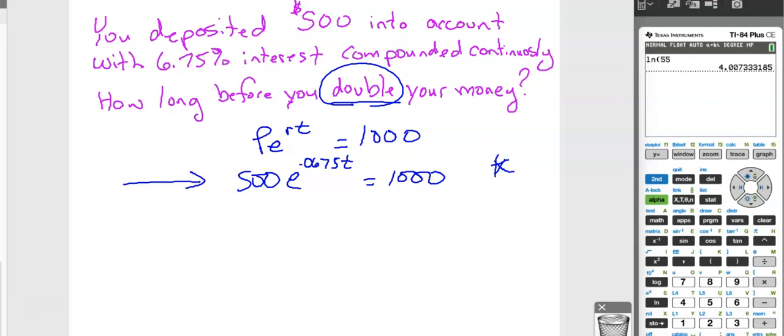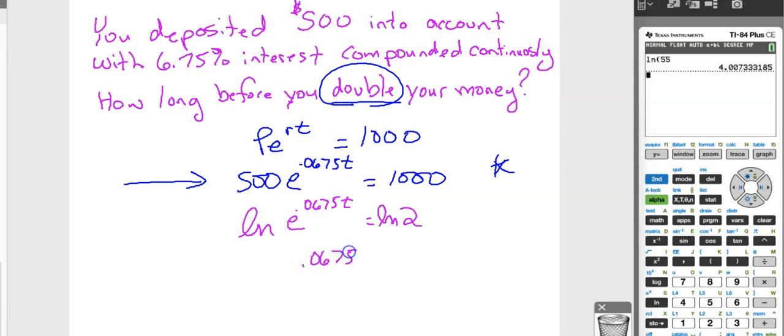All right, so divide both sides by 500. Put an ln on both sides. Remember, the ln and the e cross each other out. So 0.0675t equals ln 2, and then just divide both sides by 0.0675.